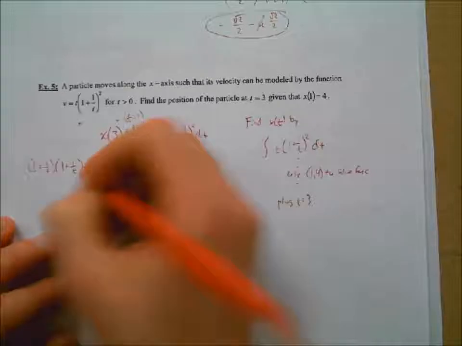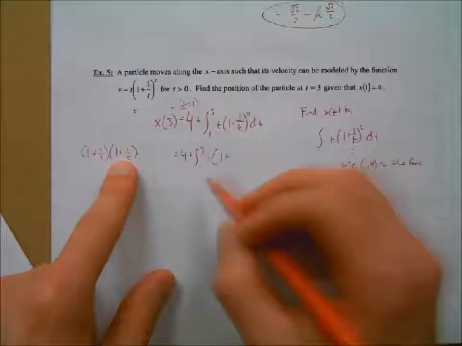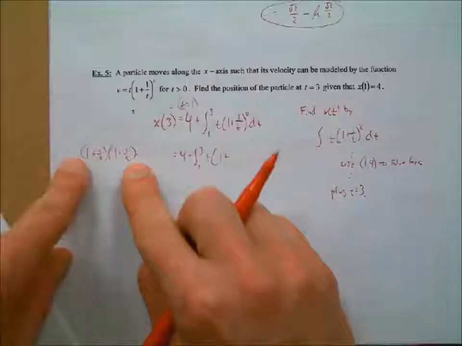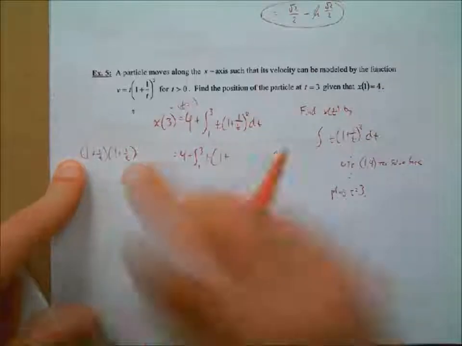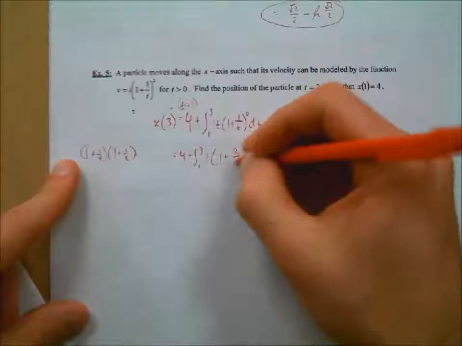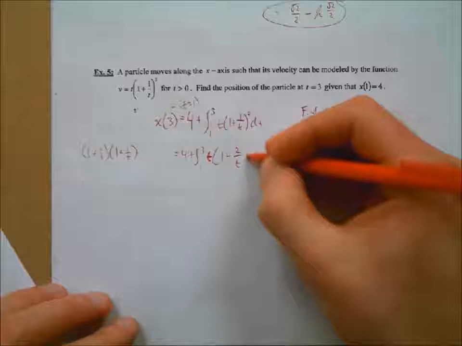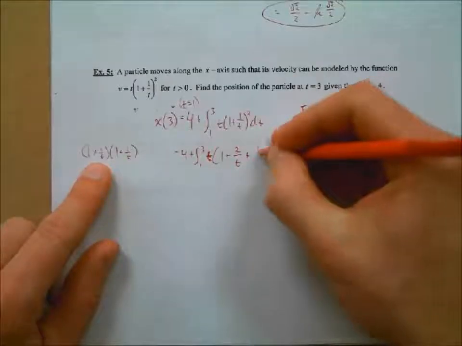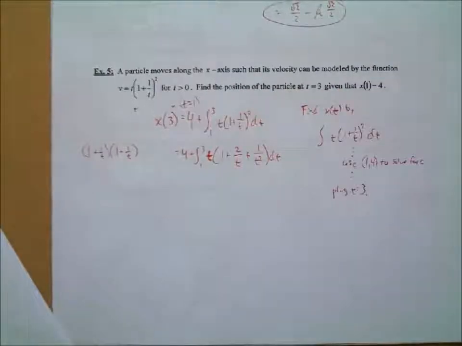Okay, so FOIL, right. 1 times 1, that's going to give us the 1 there. We'll have a 1 over t, and then plus another 1 over t. So now we have 2 over t, exactly right. Plus 1 over t times 1 over t, 1 over t squared. Okay, dt. That's looking better.